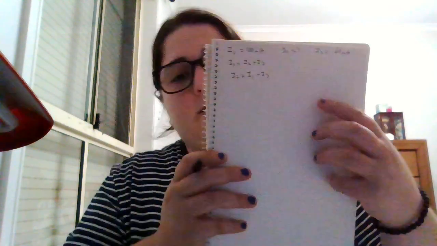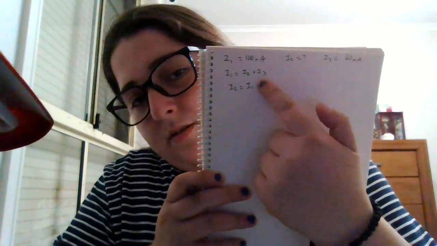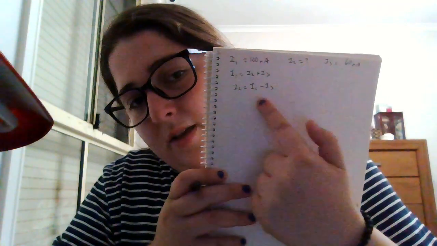So we rearrange this equation to find I2. Instead of having I1 equals I2 plus I3, we have I2 equals I1 minus I3. This here is our original equation, we rearrange to find I2, and we get this instead. What does that equal?